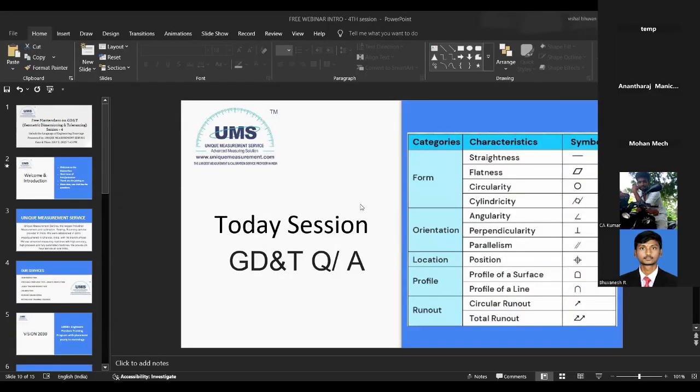So they formed an organization called ISO, and in ISO we also have GD&T, but we don't call it GD&T, we call it GPS, Geometric Product Specification. In Geometric Product Specification, the standard number is ISO GPS 1101. There we have two terms, concentricity and coaxiality.